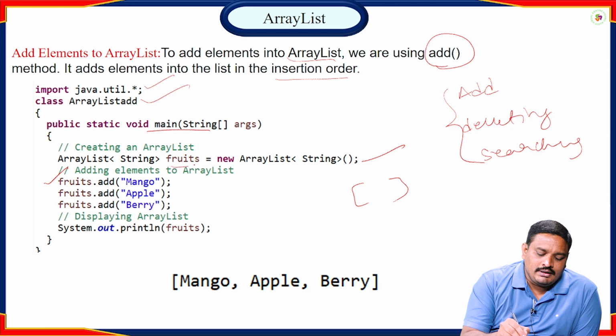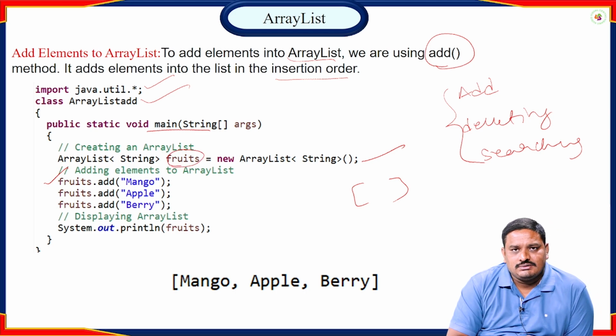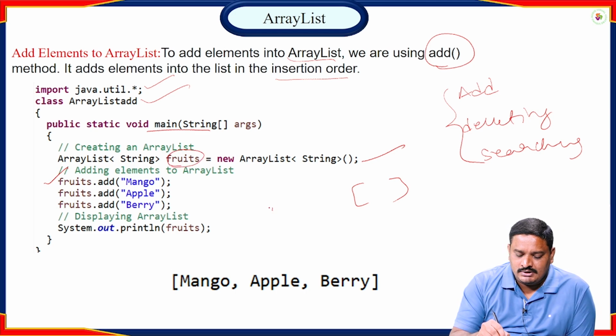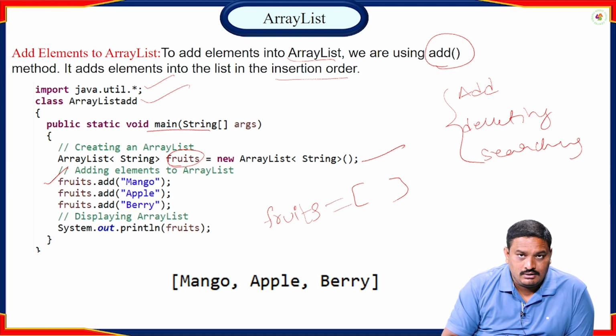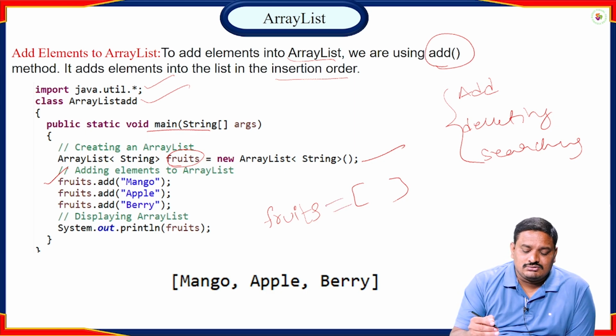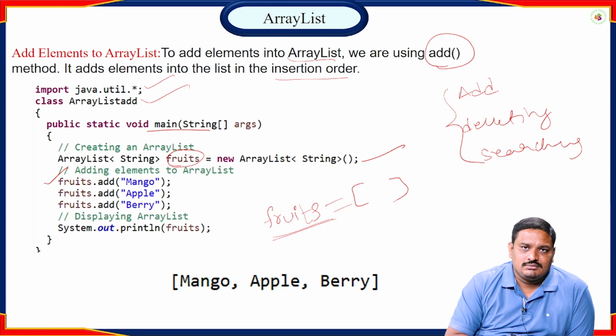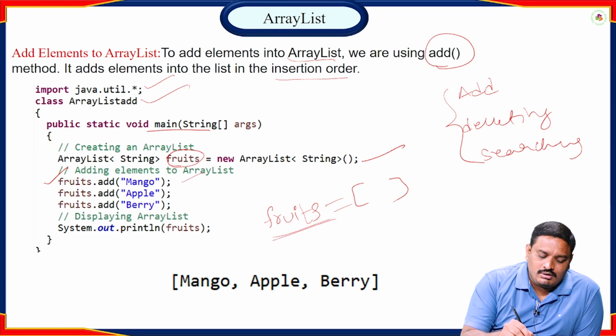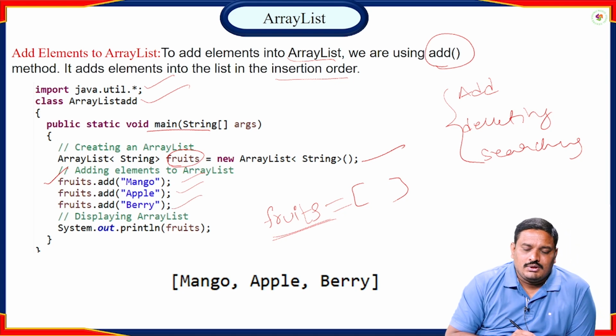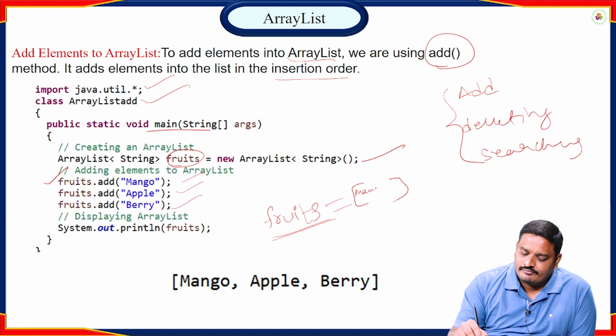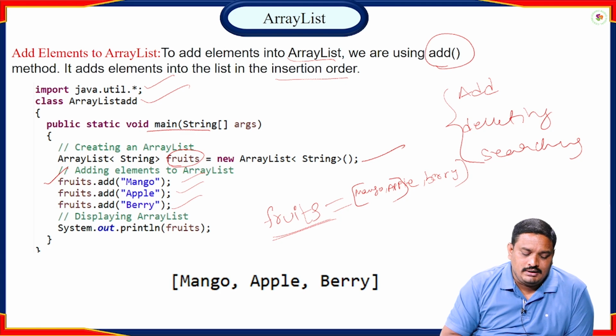Fruits is the name of the ArrayList. We can add the elements to the particular ArrayList. What are the elements? Mango, apple, berry. These elements will be added to the ArrayList.